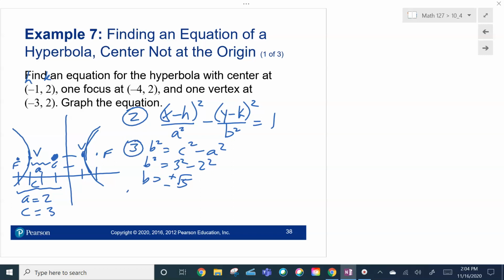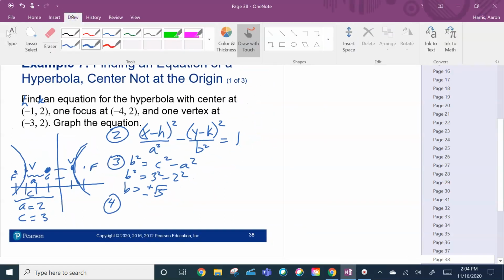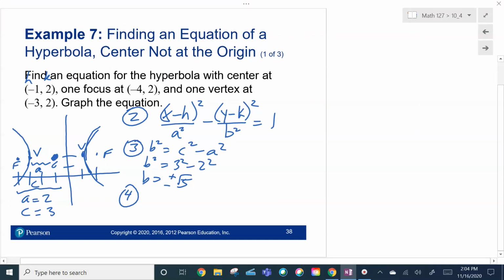So my asymptotes, in fact, let's do the asymptotes now that I know b. So b is up 2 and a little bit, up root 5, and it's over a, which is 2.